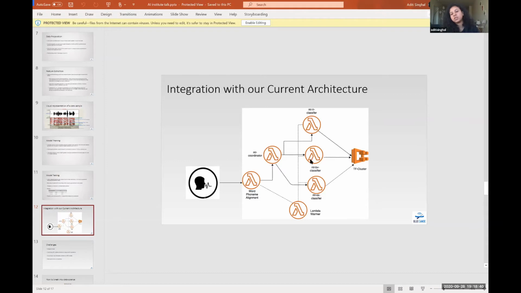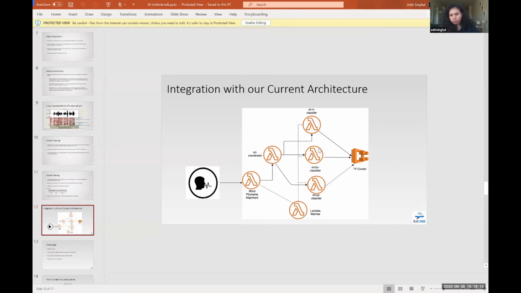For example, some sentences might not contain a B or V at all, or L or R at all. So this function decides whether to call the B or V classifier, or the L or R classifier, or both. It also passes the start time and end time as input to these functions. For example, when my BV classifier is called, it will be called with the start time and end time of BV. Then this Lambda function would slice my recording and send the sliced recording for prediction to my model.